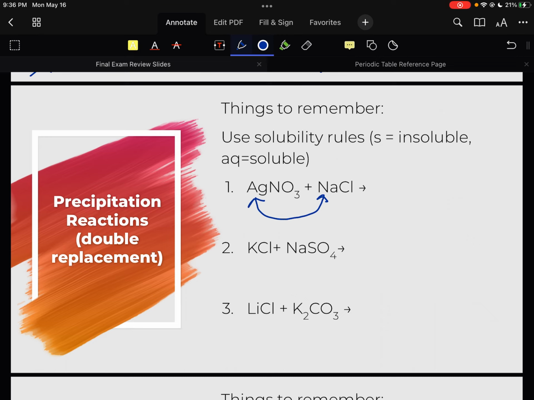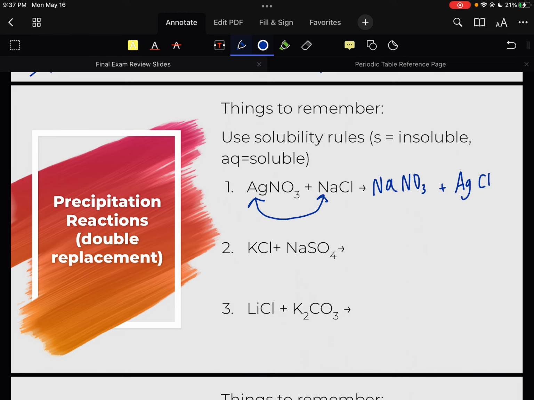So if I flip-flop these, that means instead of Ag, I have Na, and sodium has a 1+ charge, and nitrate has a 1- charge. So those will just cancel out. And then now I have Ag, which has a 1+ charge, silver, and then chloride has a 1- charge. So again, those will just cancel out.